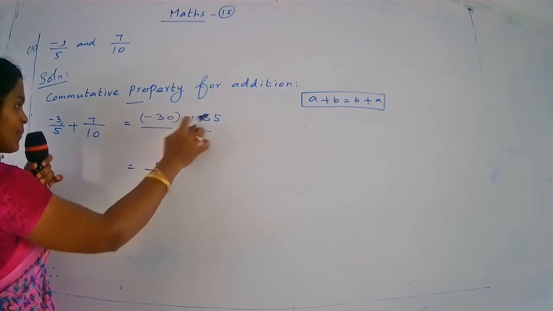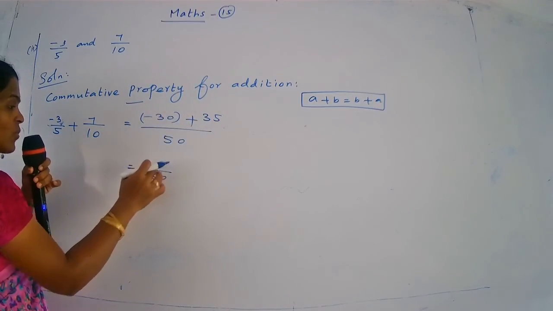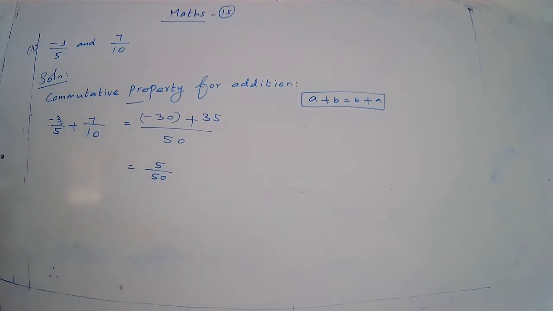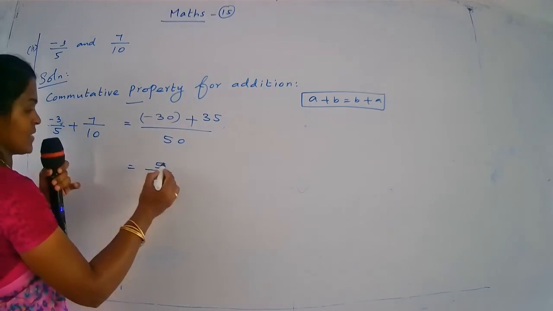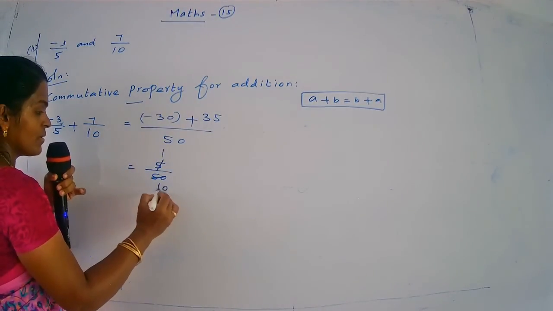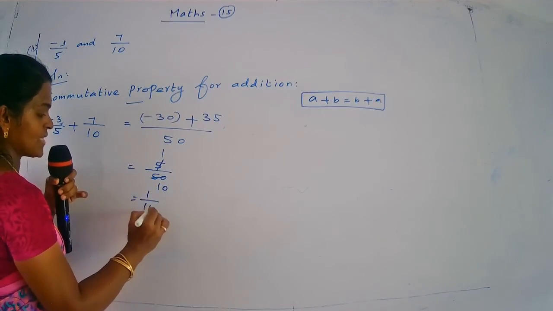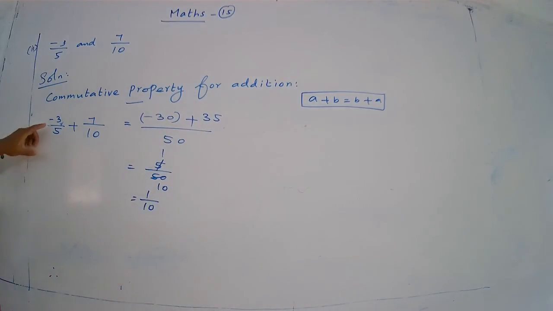So first find the value of A into B, that means minus 3 upon 5 multiply 7 upon 10. What is the value? You see here in multiplication, first of all, you check between numerator and denominator whether any common factors are there.